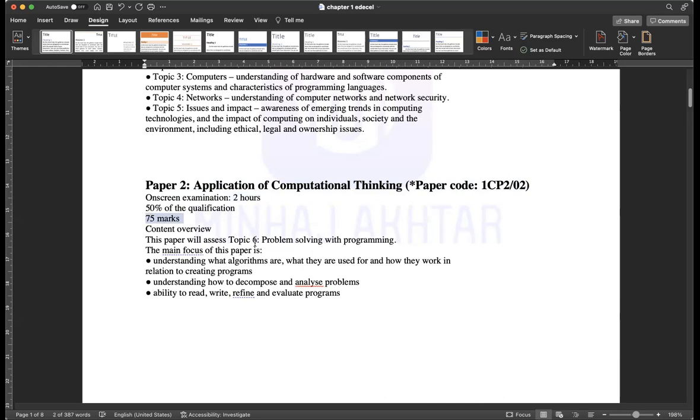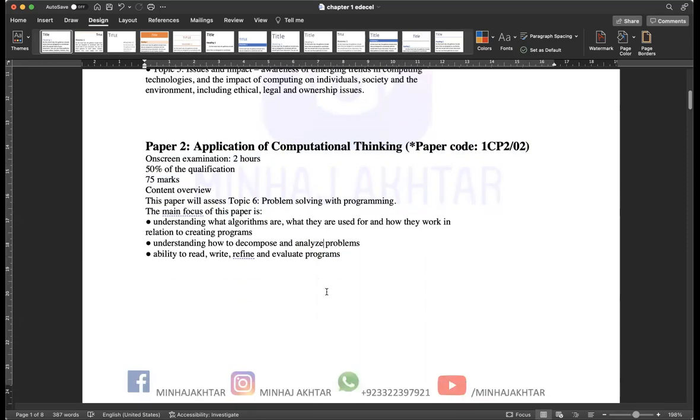In this paper, you have to cover the 6th topic of your book, called problem solving with programming. In paper 2, you have to go through pseudocodes, flowcharts, trace tables, and many other things, right? We will do that paper by using Python commands, okay?